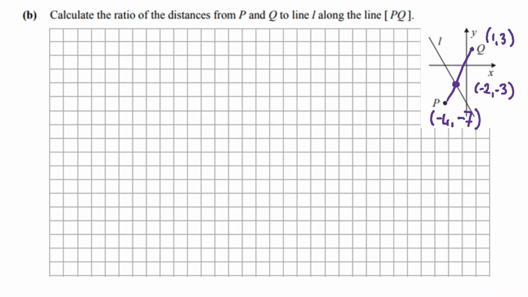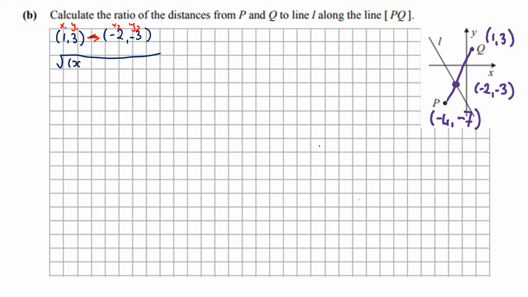So now that we have that midpoint, we're going to calculate the distance from Q, which is (1, 3), to the midpoint, which is (minus 2, minus 3). And we're going to do that just using our distance formula. So let's label them first: x1, y1, x2, y2. I'll do a little arrow here so we know that it's distance.